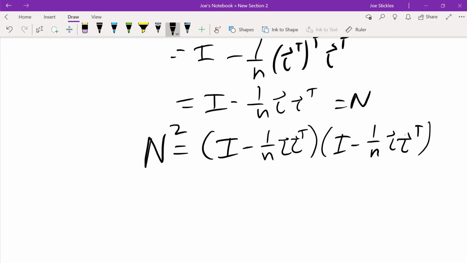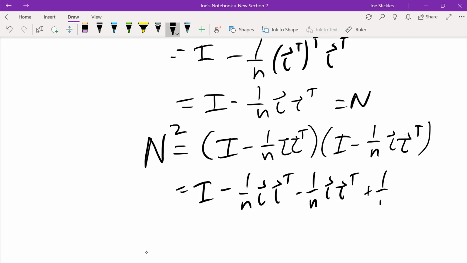So we have here I minus 1 over n I transpose minus 1 over n I transpose plus 1 over n squared I transpose squared. Whole thing squared. And rather than going through a nice long-winded argument for what that is equal to, let's just think about it. Remember, I transpose was the matrix that gave us all ones, right?